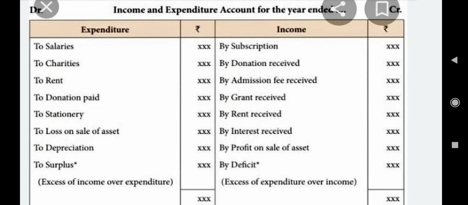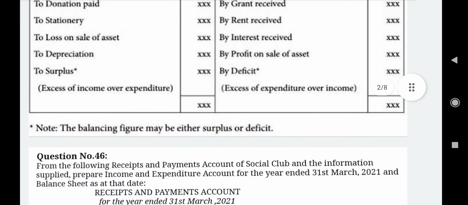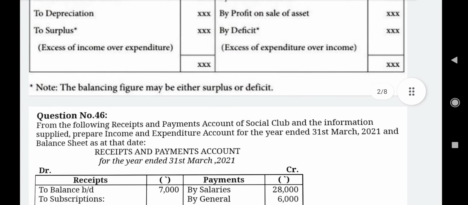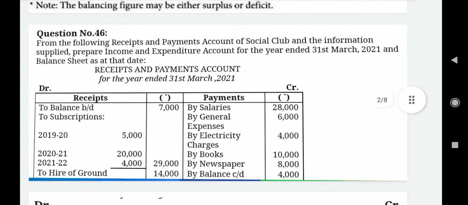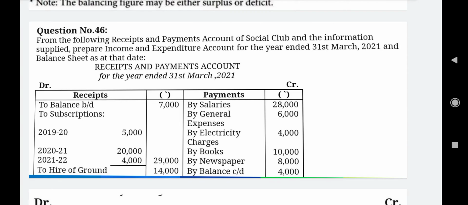Now come to the question, that is from the T.S. Grewal book, question number 46. From the following receipt and payment account of a social club and the information supplied, prepare income and expenditure account for the year ended 31st March 2021 and balance sheet as at that date.